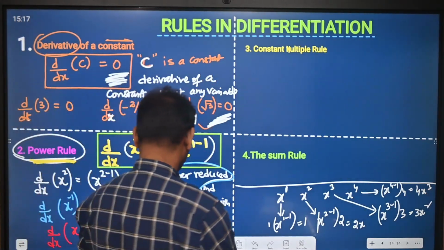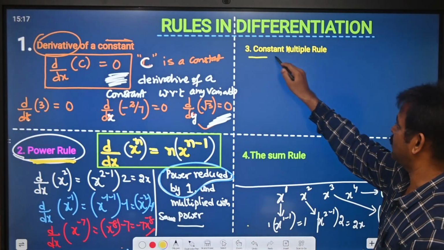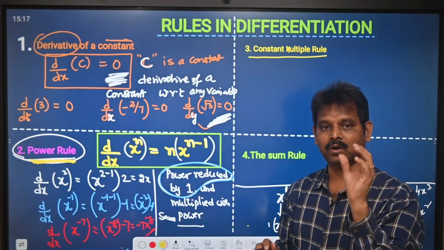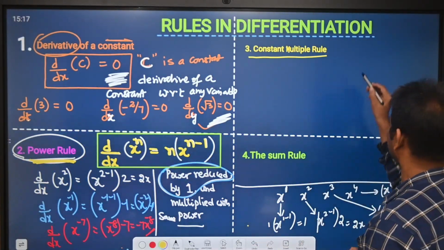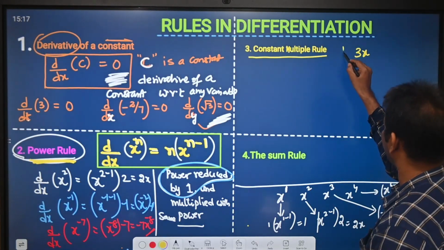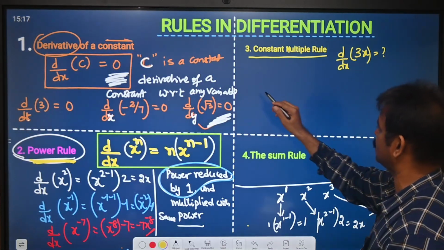Third one, the constant multiple rule. Suppose a given function is a product of a constant and a variable. So, for example, 3x is given. So, what is the derivative of 3x? How to solve these problems?